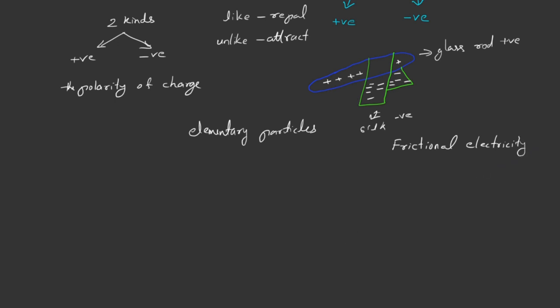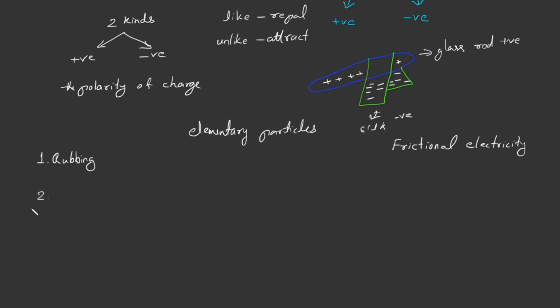It is frictional electricity because when rubbed, electrons move from one body to the other, causing a momentary flow of charges. So one method of charging a material is by rubbing it with a suitable material. In that case, loosely bound electrons move from one material to the other, making one material positively charged and the other negatively charged.